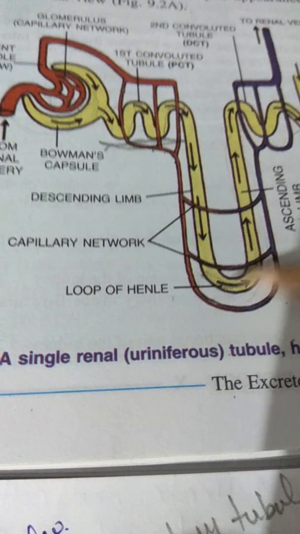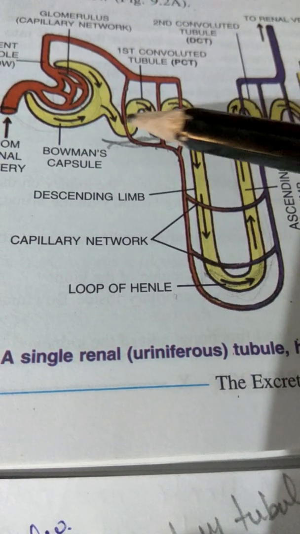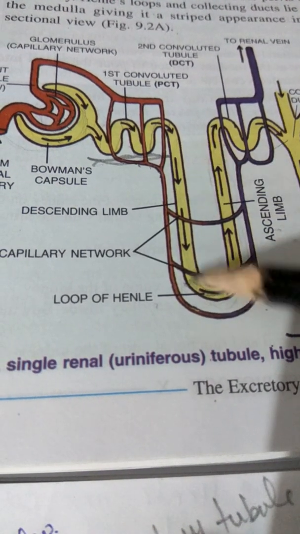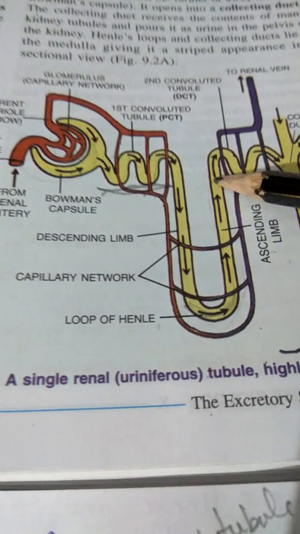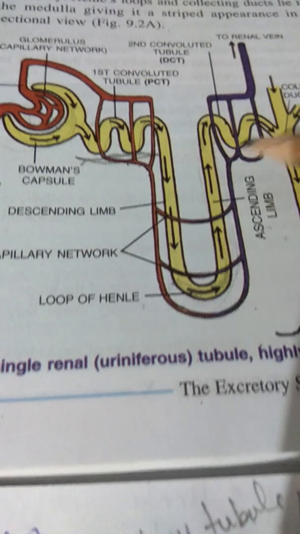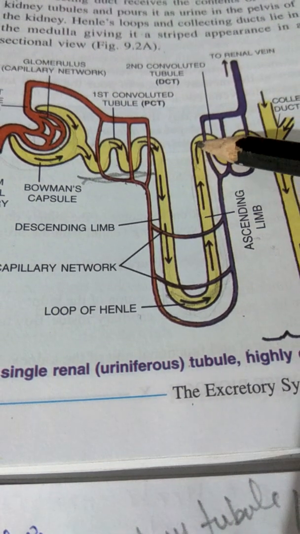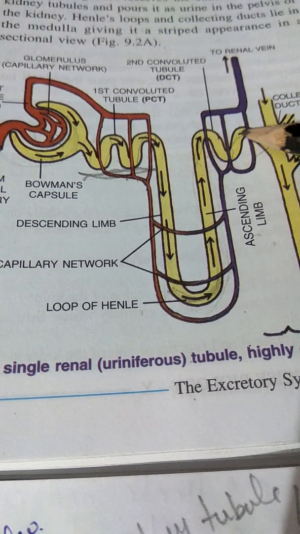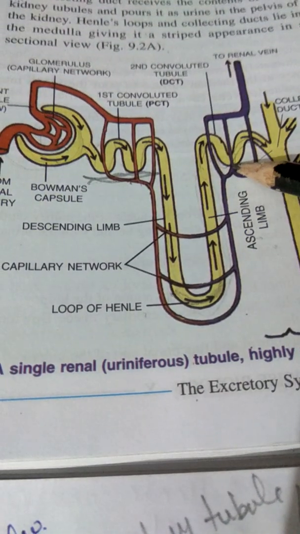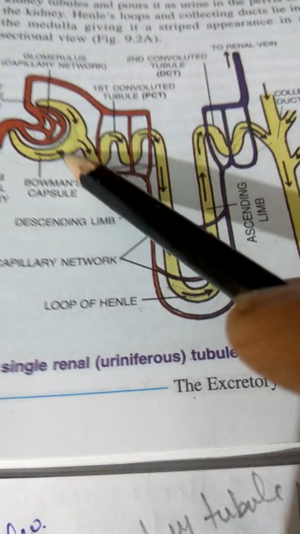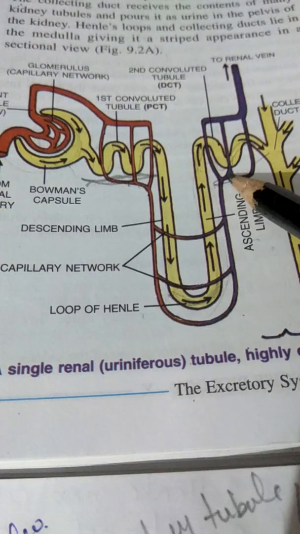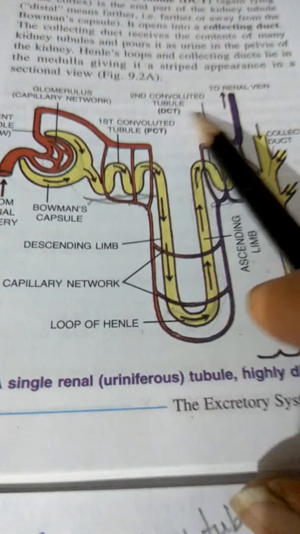So in the uriniferous tubule, we have the Bowman's capsule, then comes the tubular part, the proximal convoluted tubule, which runs into a U-shaped structure called the loop of Henle. The loop of Henle then again, on the upper side, becomes highly convoluted, that is, wavy. Because it is a wavy part and it is far from Bowman's capsule, this part is called the distal convoluted tubule, or the second convoluted tubule.